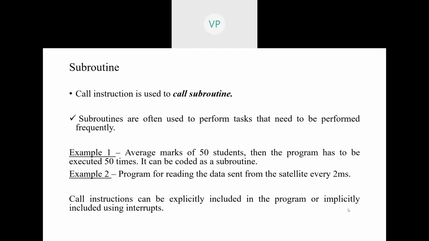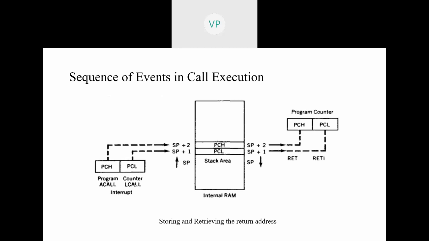When there is an interrupt request, it is treated as a call instruction: it goes to the interrupt service routine, runs that subroutine, and comes back. Whether the call instruction is called implicitly or explicitly, the sequence of events remains the same. The first thing is that whenever there is a call instruction, the processor will stop running that program.